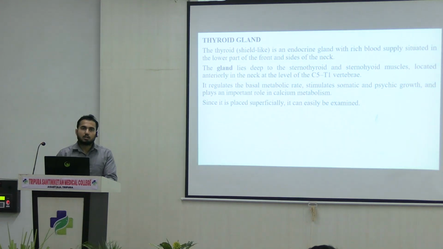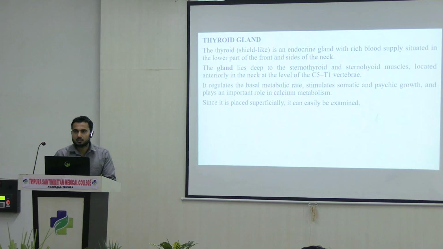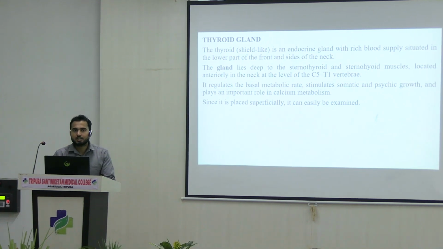Now, the function of the thyroid gland, as we discussed earlier, do you remember the functions? First of all, it regulates the basal metabolic rate, then it stimulates psychic growth, as well as having an important role in calcium metabolism.